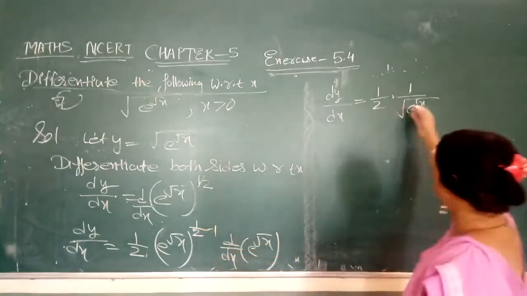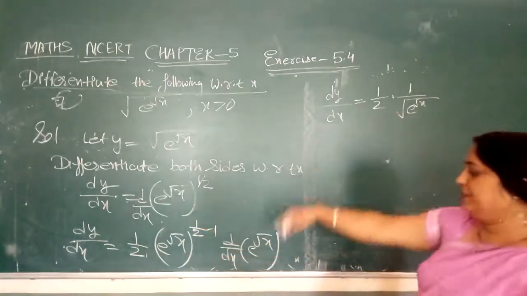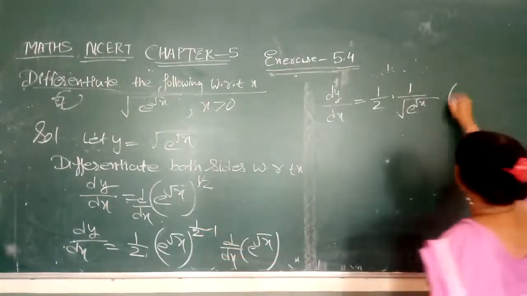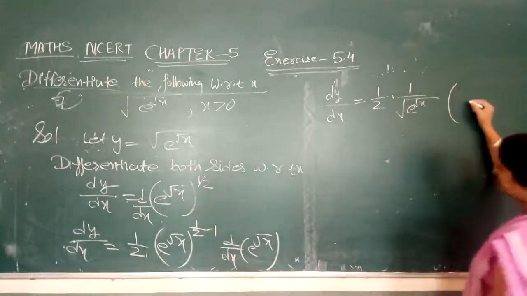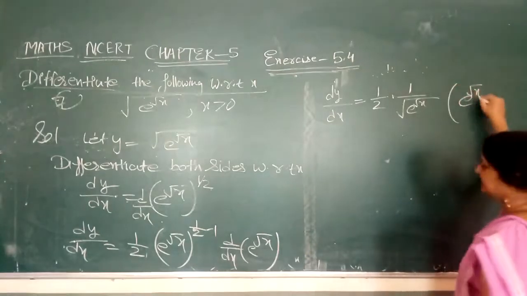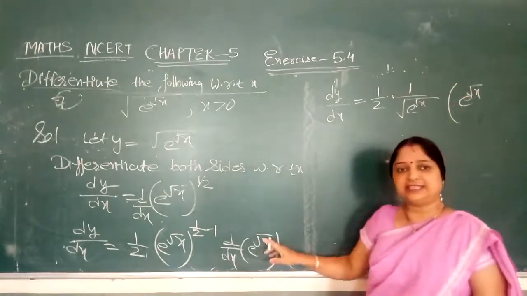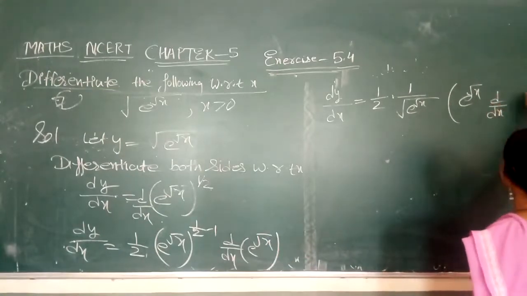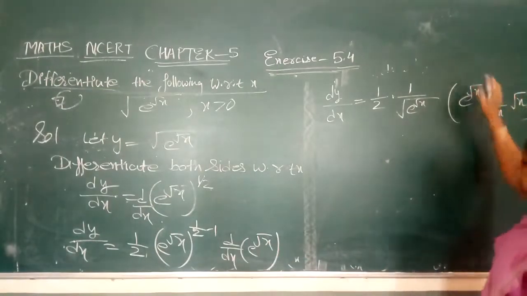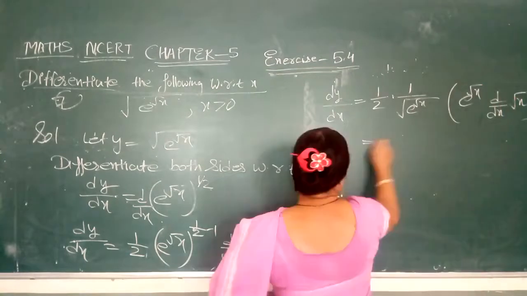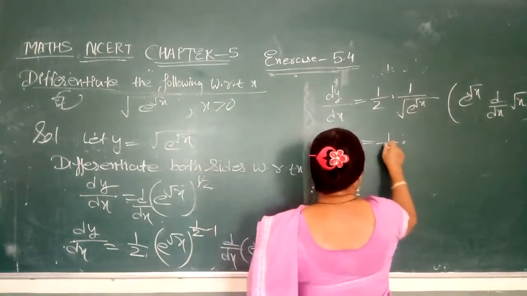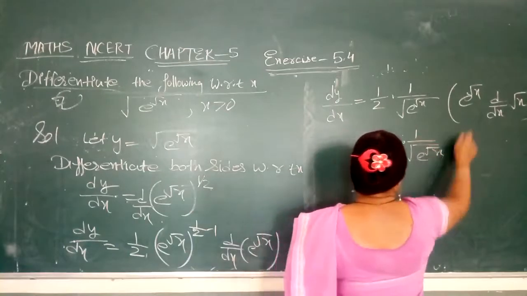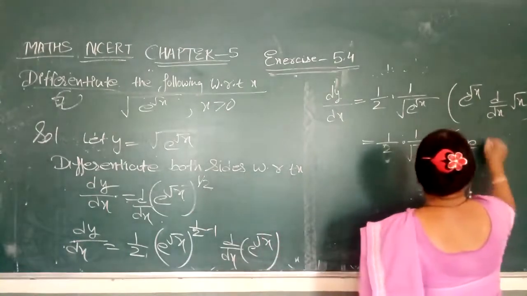So minus half you can take in the denominator: 1 upon the root of e^√x. Now the derivative of e^√x is e^√x as it is, the derivative of e^x is e^x, again times the derivative of x. What is x here? That is √x. Here theta is √x. So 1/2 into 1 upon the whole root of e^√x into e^√x as it is.